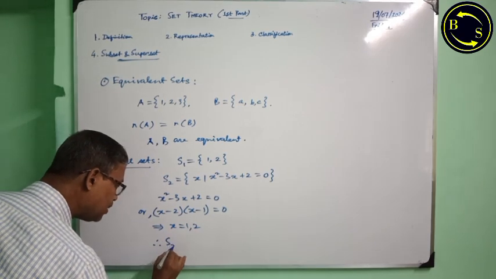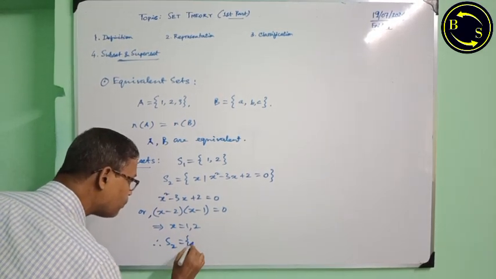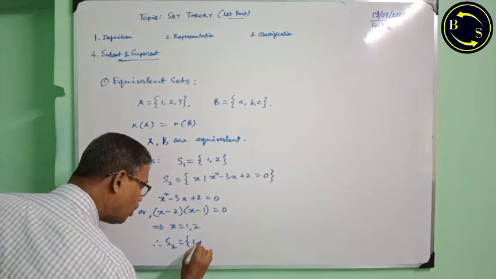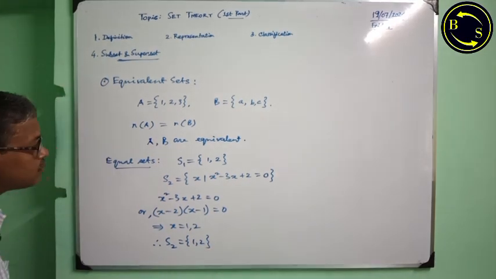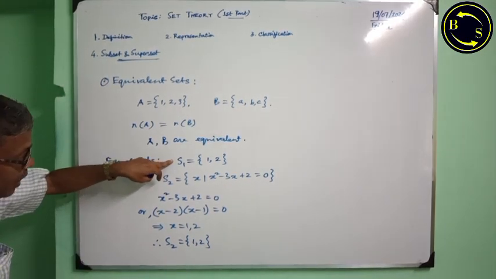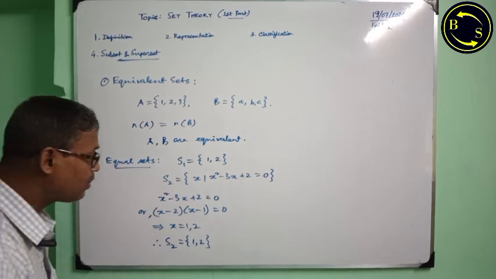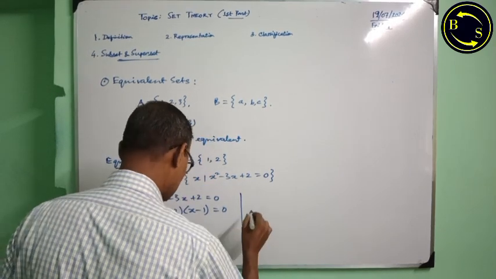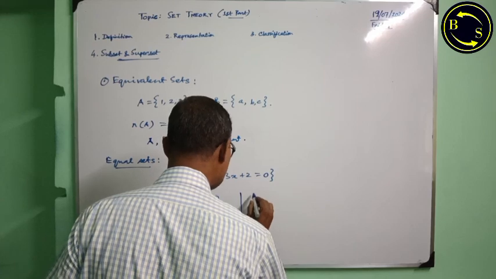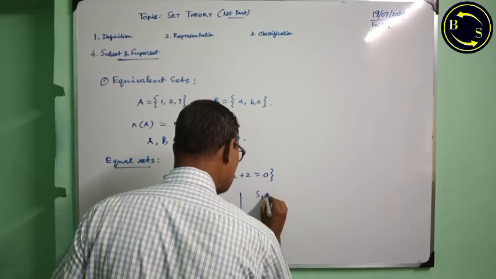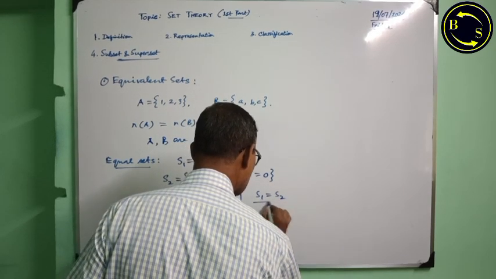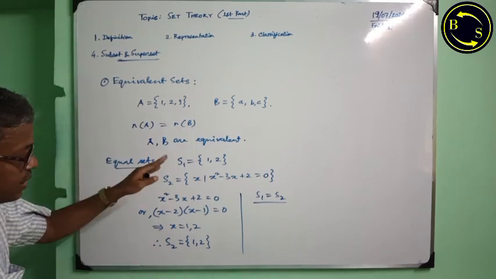Therefore, S2 is equal to the set of 1 and 2. Thus, we find S1 and S2 have the same members. Therefore, we write S1 equal to S2. These two sets are equal.